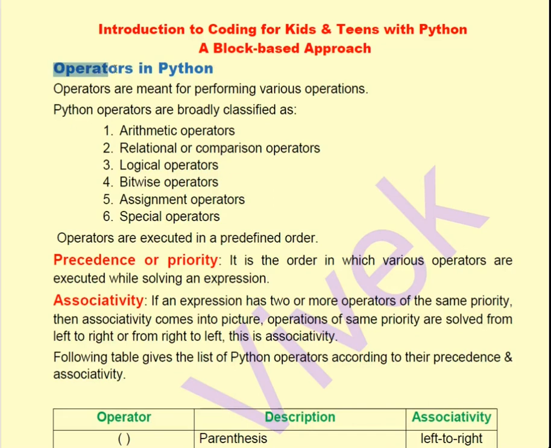The next topic is operators in Python. Operators are meant for performing various operations. Python operators are broadly classified as arithmetic operators, relational or comparison operators, logical operators, bitwise operators, assignment operators, and special operators.